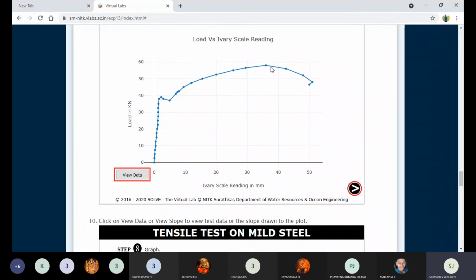So 60 is the ultimate point of that particular material, because here the elastic deformation begins at 0 and the plastic deformation begins later. Assume 5, 10, 15, 20, 30 up to 40.